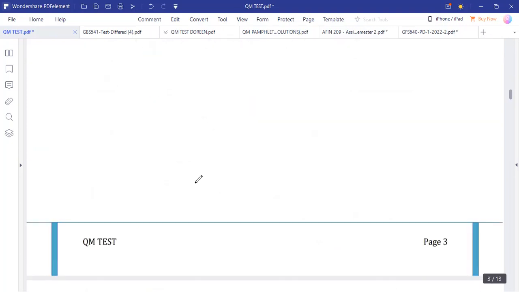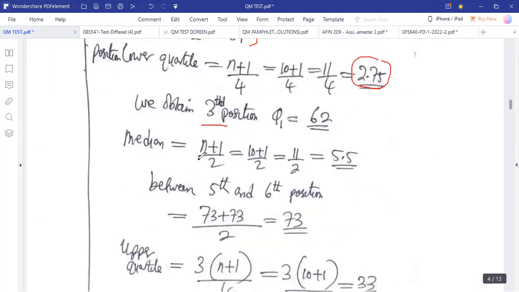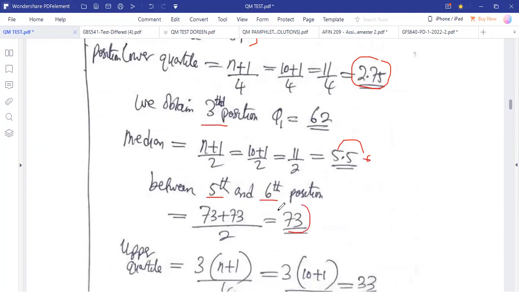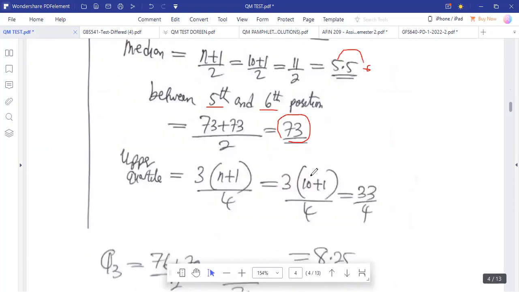We find the second quartile, which is the median, n plus 1 over 2. So 10 plus 1 is 11, divided by 2 is 5.5. So what do we do to the 5.5? We get the fifth and the sixth position. When you add the two and divide by 2, we get 73.